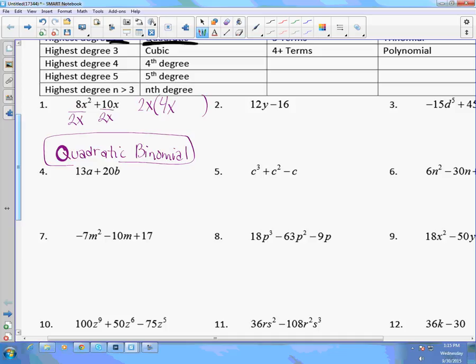Cool, so what about 10x divided by 2x? I did the 5, but x, take off an x. How many x's are remaining? 0. So that cancels to 1 times 5, which is just 5. So this is the factored form, because if we distribute it back in, we get the original.